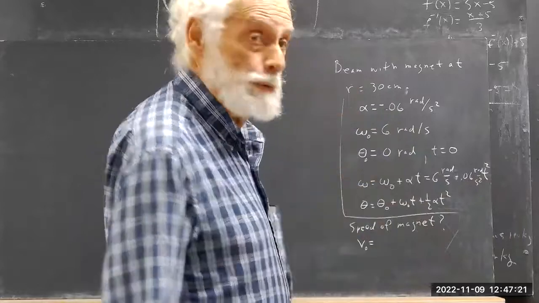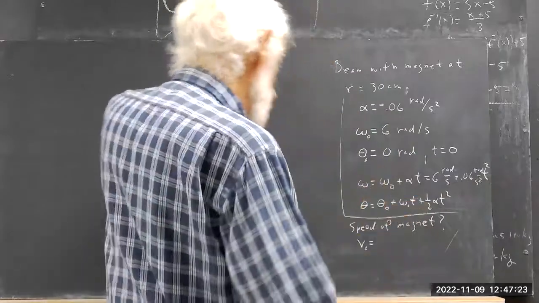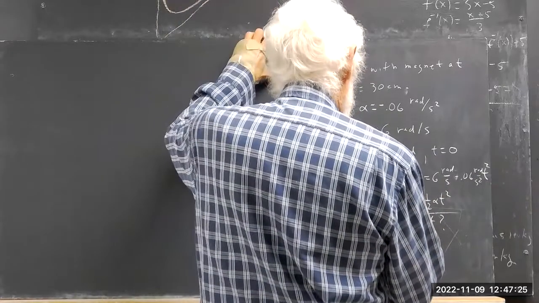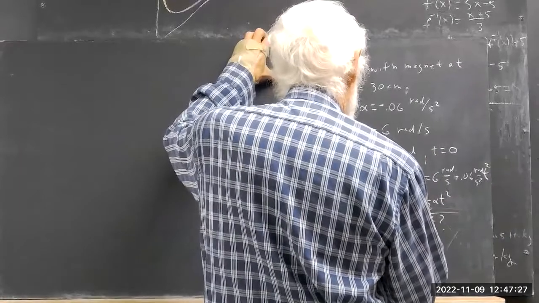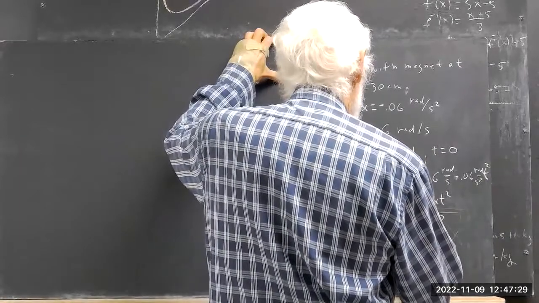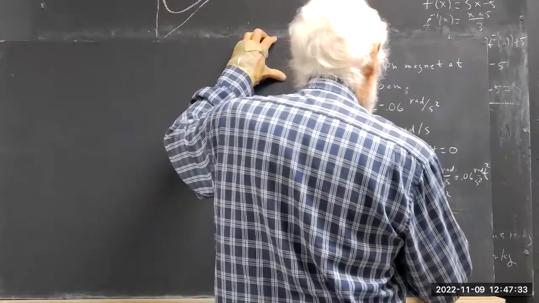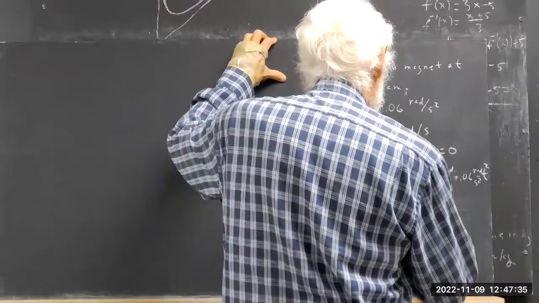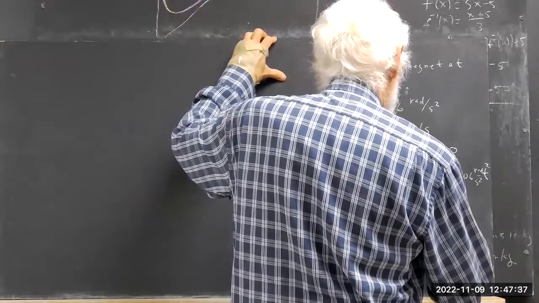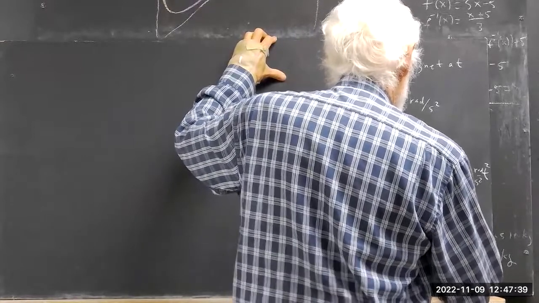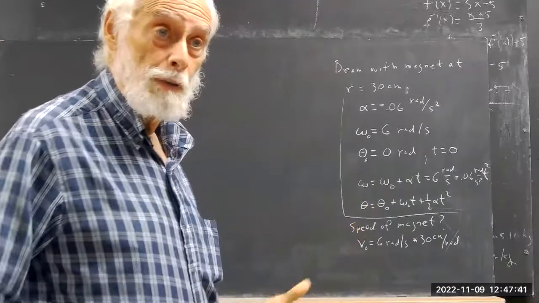The radian is equal to the radius. So we could say this is six radians per second multiplied by 30 centimeters along the arc per radian.